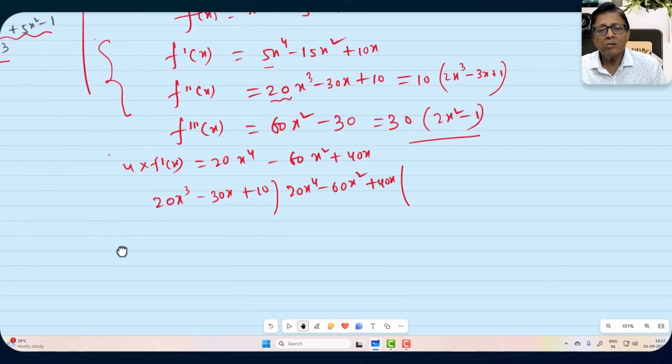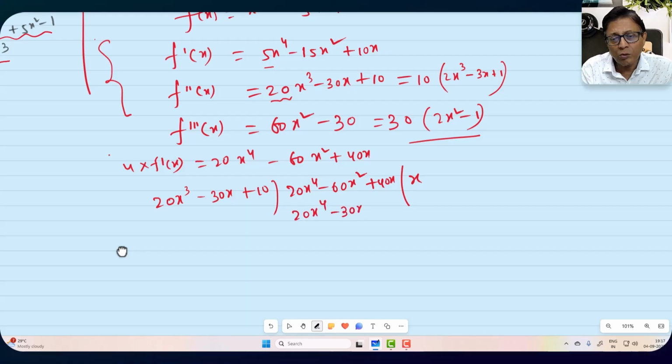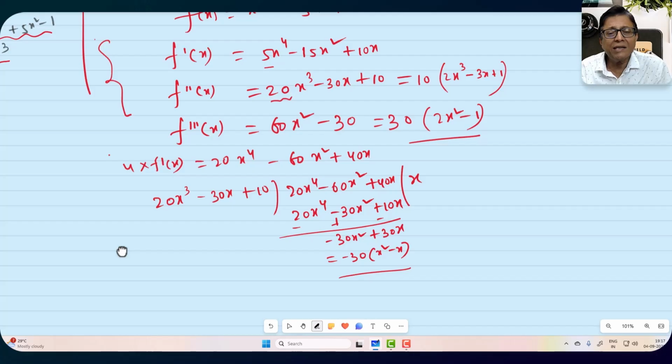So now you take x over there. 20x4, 30x square, 10x, minus 30x square minus x.